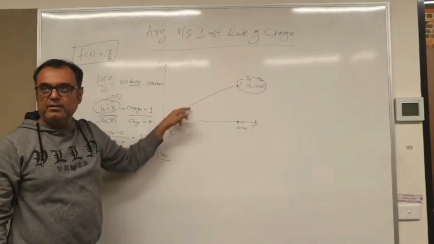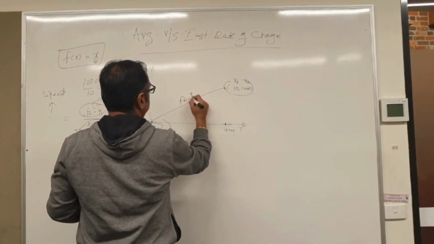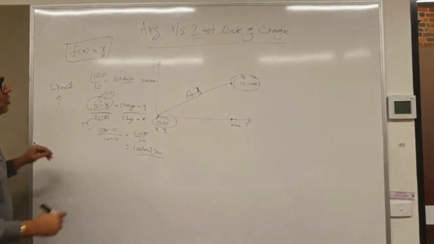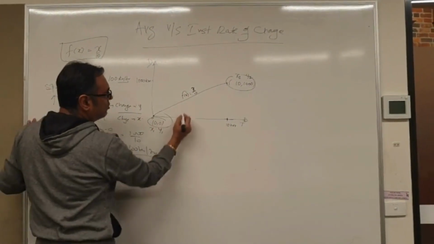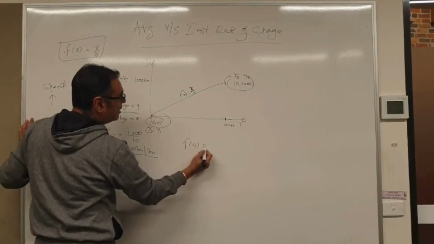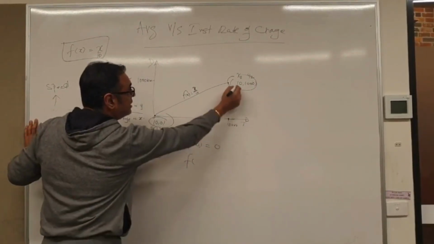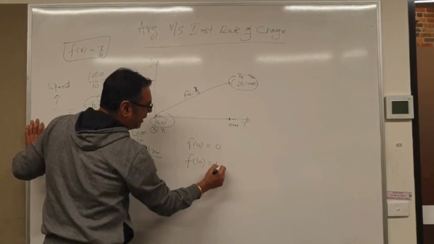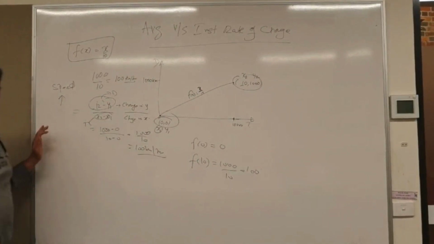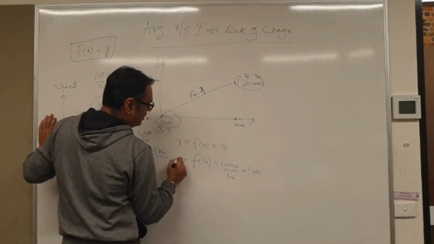That was my line, the function itself, for which I've plotted this graph. Let's say. So for 0, f of 0, which is the x1, I have 0. For f of 10, I have 100. So that is the y value, y1, and that is y2.